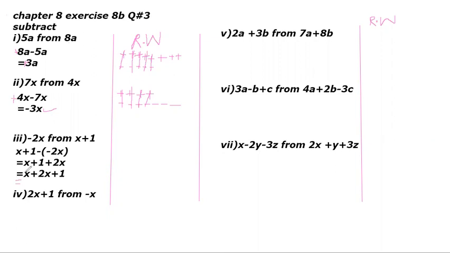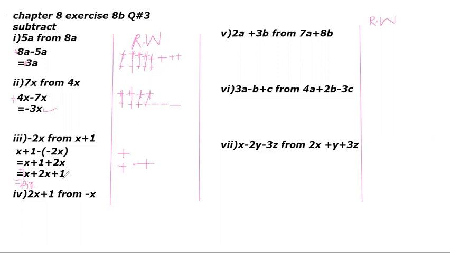okay, now x has a positive sign and its coefficient is 1. Positive 1x means positive sign 1 time. Positive 2x means positive sign 2 times. Now 1, 2, 3. 3x, or positive 3x. 3x or simply positive 3x, both are correct.